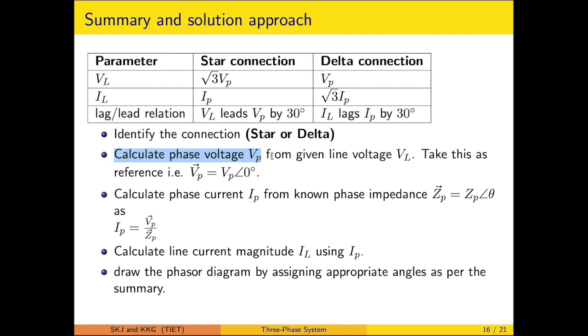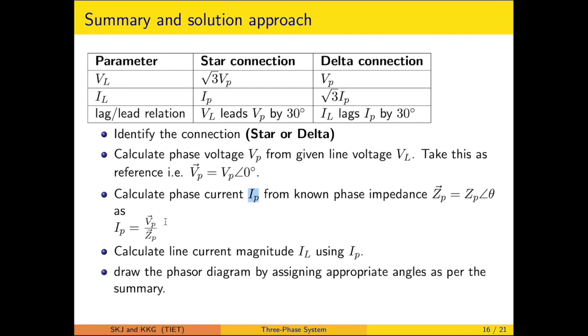So this phase voltage is to be calculated keeping the configuration in mind. So for star connection it will be VL upon root 3. For the delta connection it will be the same line voltage. So that particular is giving us the magnitude, and we will be taking it as a reference, so that will be Vp∠0.